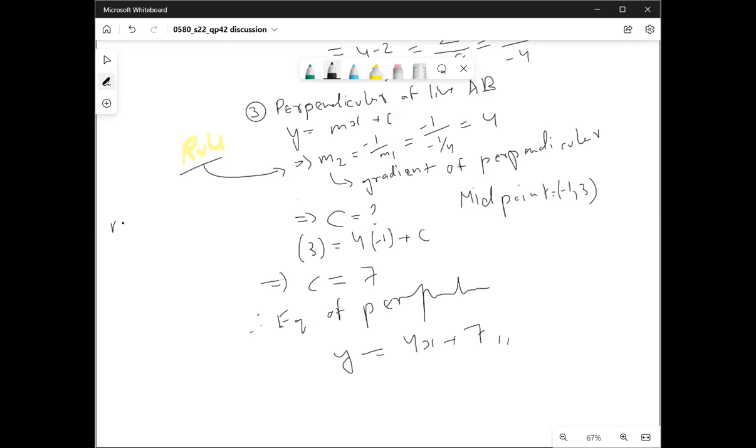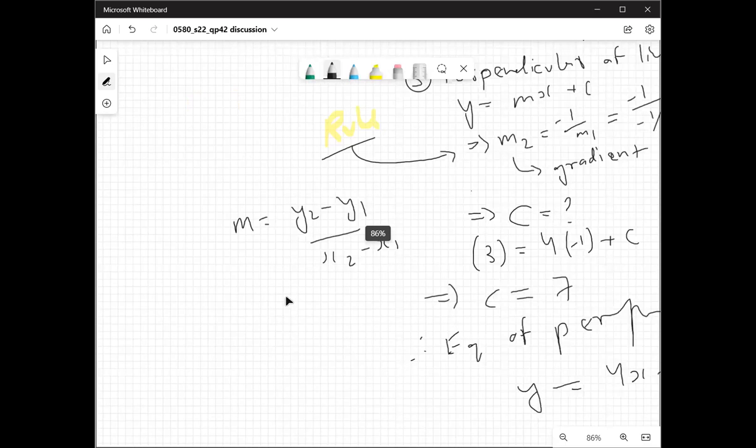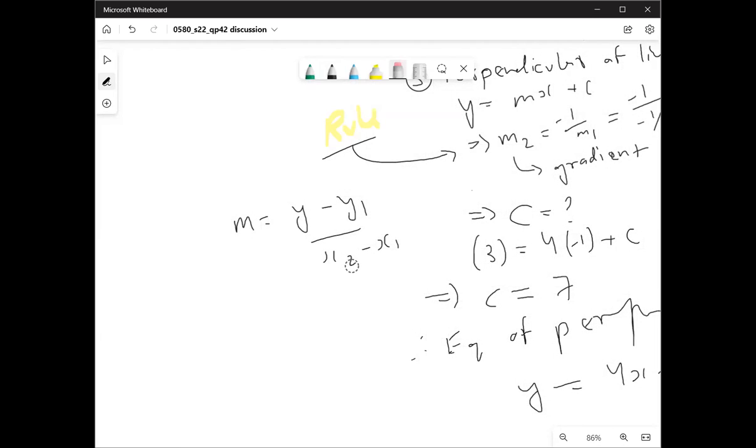Now, the equation you were talking about was m is equal to y2 minus y1 divided by x2 minus x1. Instead of saying y2, can I just call this y? Now I'll take this to the other side.